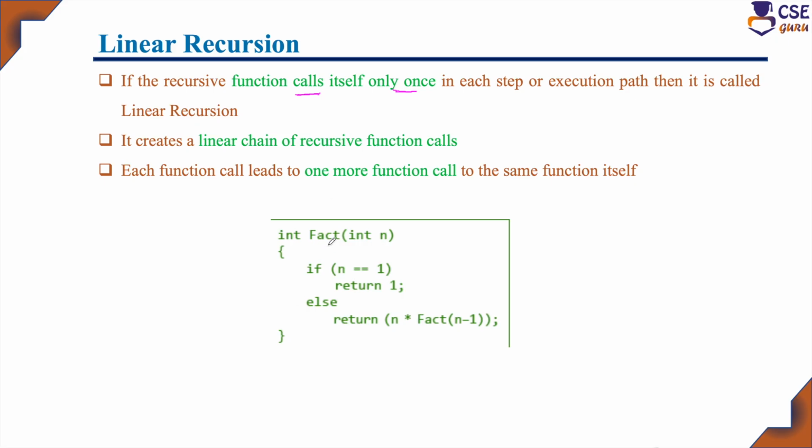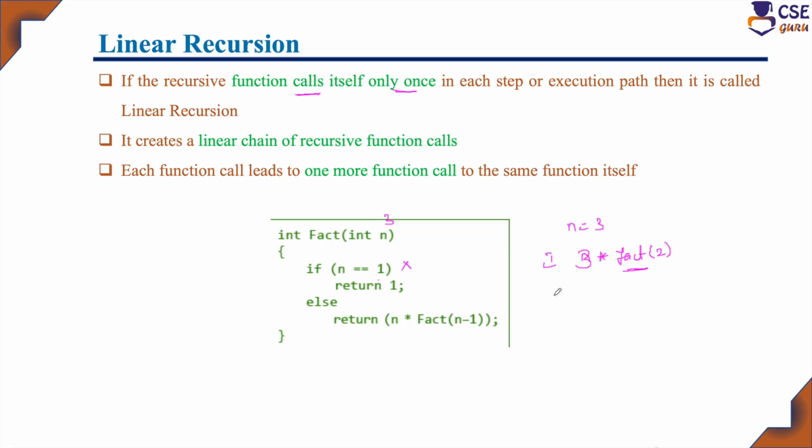For example, here if n is equal to 3, it will check whether n is equal to 1, the condition fails, and it will go to the else part. In the first recursive call, it will return n into fact of 3 minus 1, that is 3 into fact of 2. So in this first recursive call, only one recursive call is made.